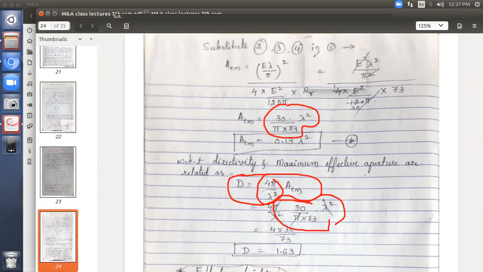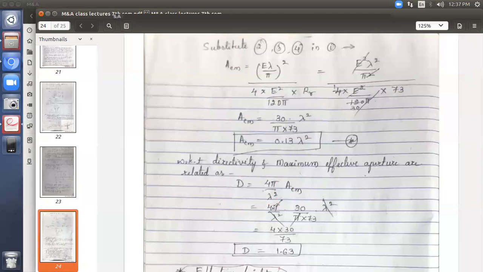Let's see what gets cancelled. 4 pi lambda square gets cancelled. Then pi gets cancelled. You'll be left with 4 into 30 divided by 73. If you calculate this, you will be getting somewhat around 1.63. What was the directivity value earlier for short dipole?